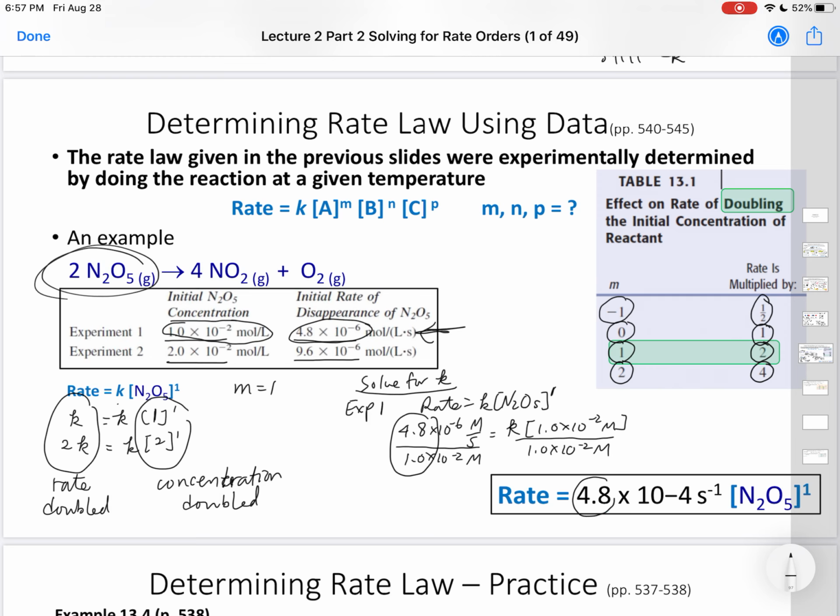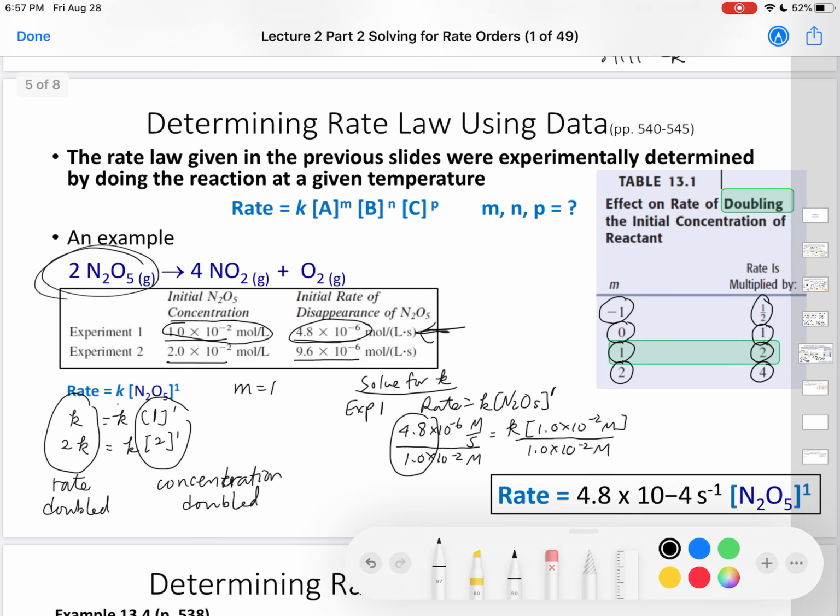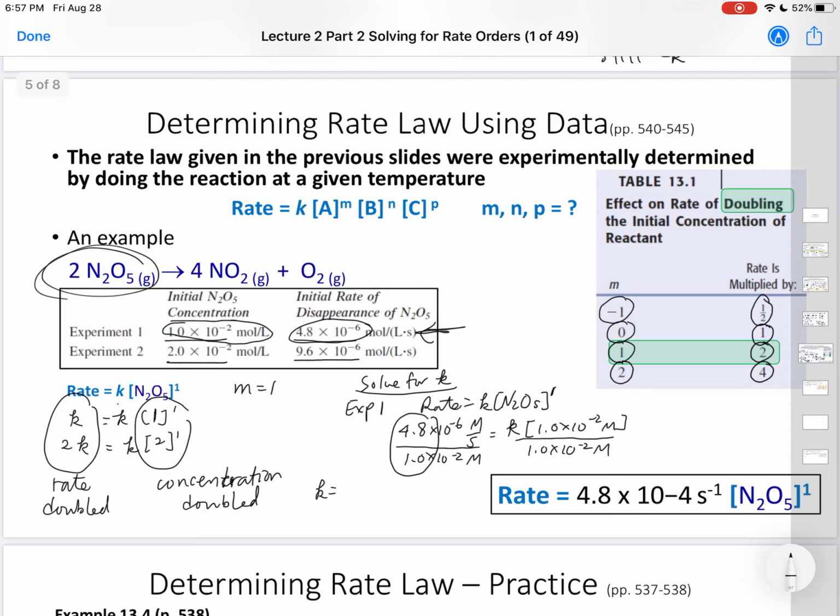4.8 divided by 1 is 4.8. Sorry, I'm just going to write it here. K equals, because this cancels out, 4.8 times 10 to the minus 6 divided by 10 to the minus 2. You have to subtract the exponents. So 10 to the minus 4.